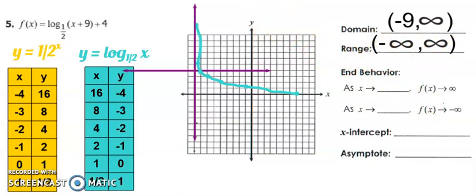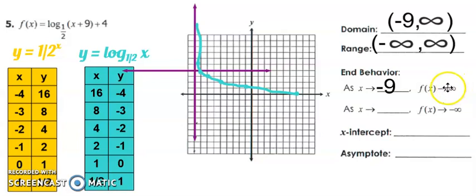Now let's look at the end behavior. First, if I move towards the right, notice that we're starting at negative 9, because I moved my graph over 9 units to the left, and it's going to continue to move to the right towards positive infinity.